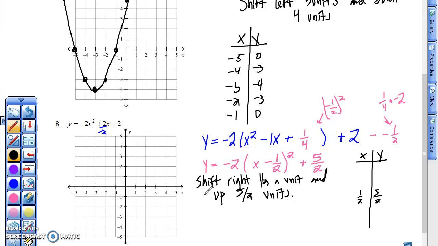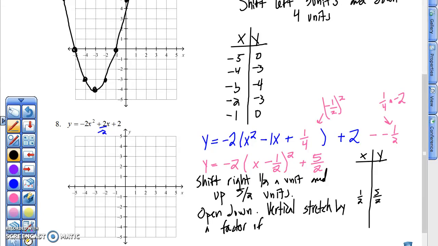This negative is going to make my parabola open down. And the fact that it's multiplied by 2 is going to be a vertical stretch by a factor of 2. So over 1/2, up 5/2. This is my vertex. I'm going to pick points around that.